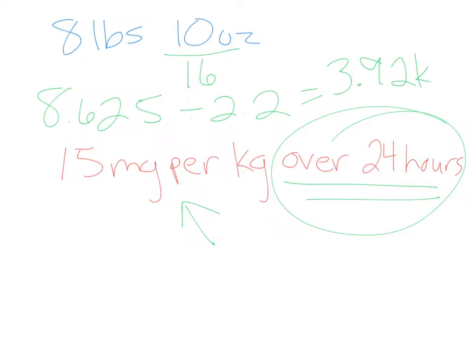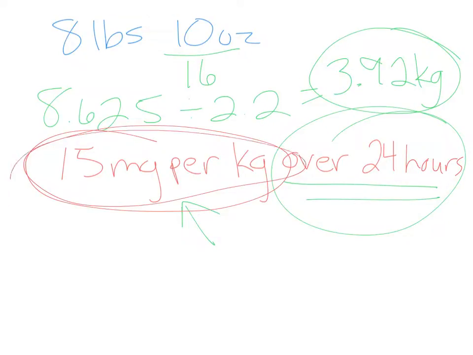This is what they weigh in kilograms, which means this baby, this infant, can take 3.92 times whatever my dosage is. We're going to do that every single time. Like in this example, it's 15 milligrams per kilogram.